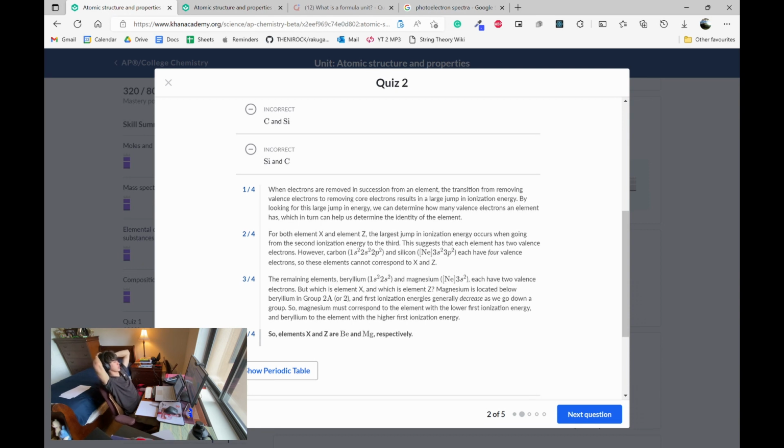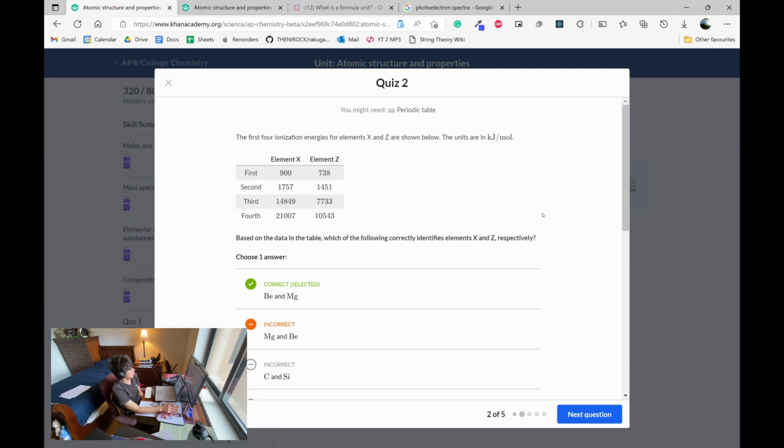Doesn't that mean you have a higher charge, so it's harder to remove it? So magnesium should be harder to remove, right?